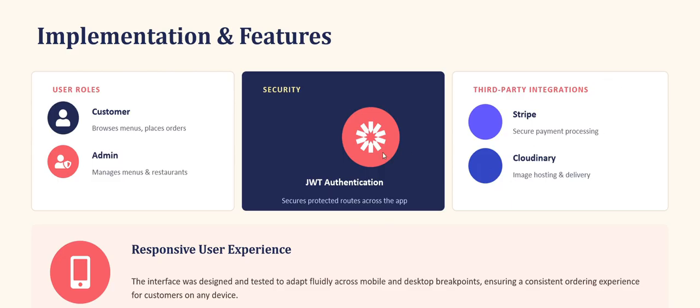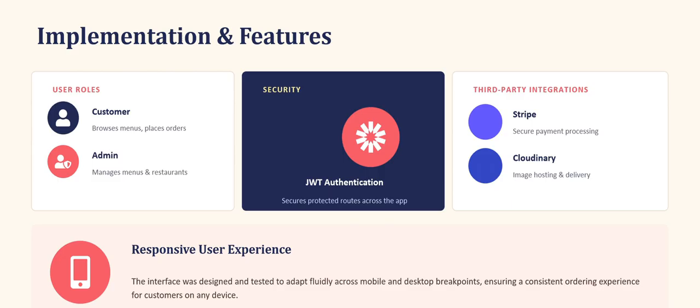And for security, I implemented JWT authentication. After successful login, the user receives a token which is verified whenever the protected APIs are accessed. This prevents unauthorized users from accessing sensitive information. The project also included the Stripe payment gateway, allowing users to make secure online payments.